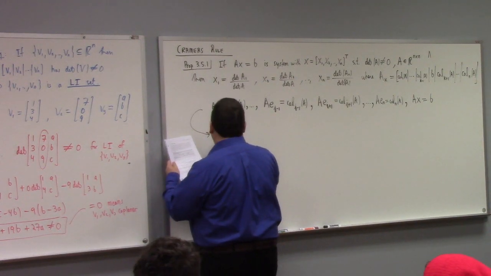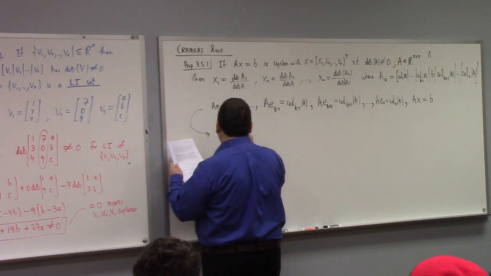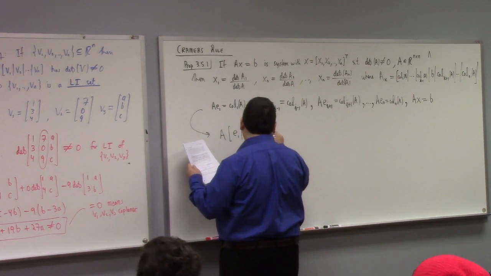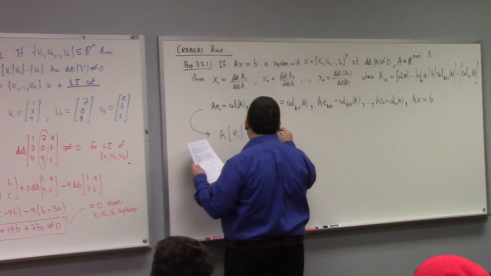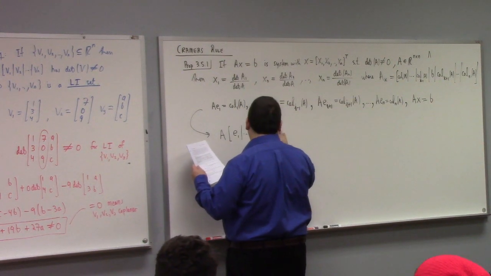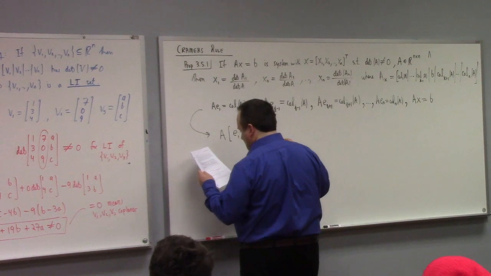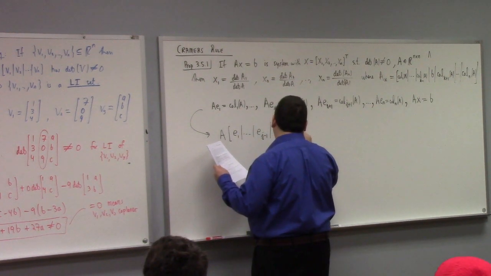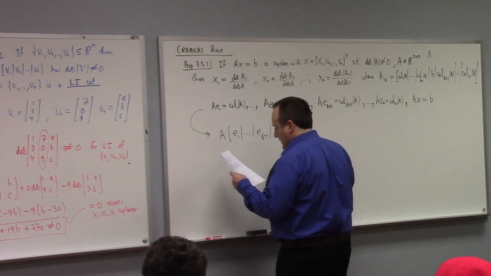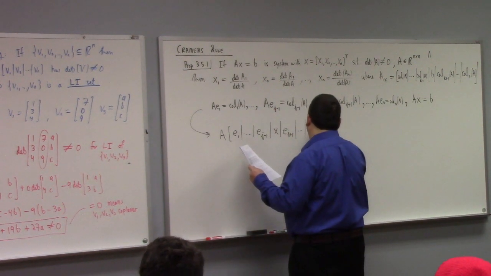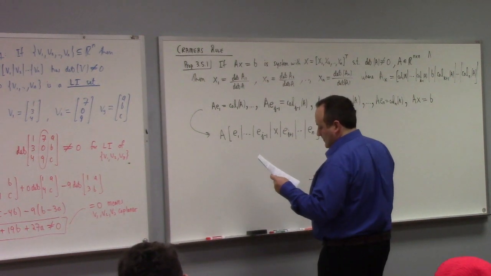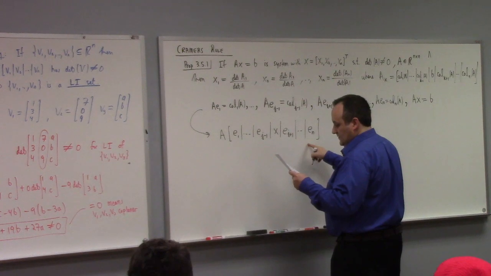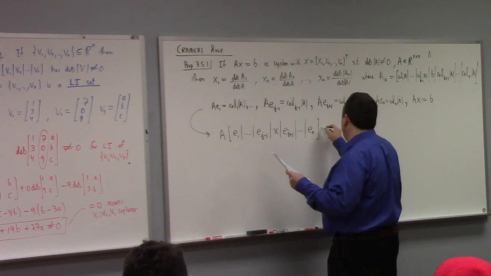We can write A times the matrix with columns E1, ..., Ej minus 1, X, Ej plus 1, ..., En. And that A times this matrix is equal to what?